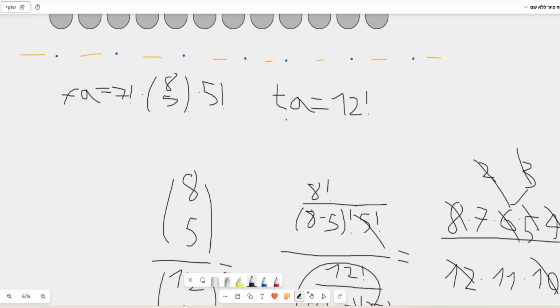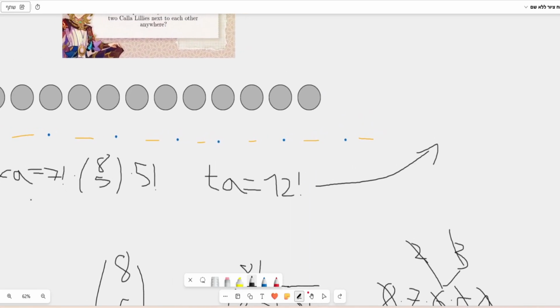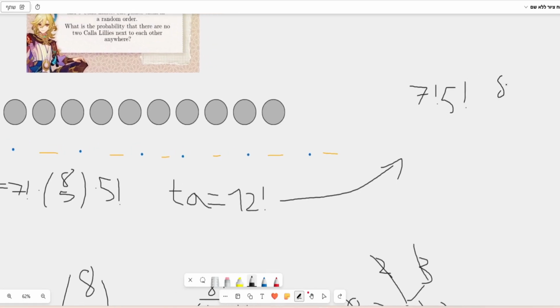Because let's look at it. Let's zoom to here. We have favorable arrangements over total number of arrangements. So favorable arrangements is going to be 7 factorial times 5 factorial, I'm changing the order a bit, times 8 choose 5 over 12 factorial.